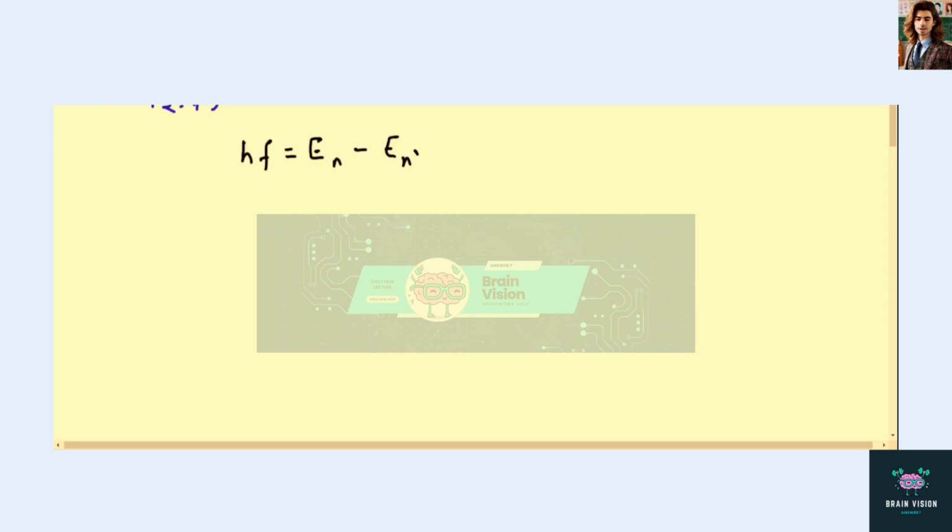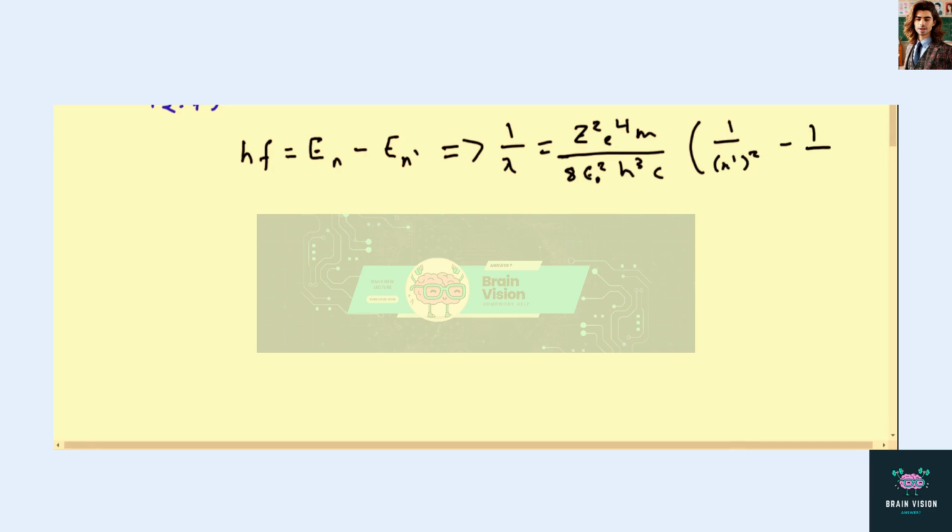So if we divide both sides of these equations by the Planck's constant and the speed of light, we should be able to get to 1 over lambda equals z squared, all of our constants again, e to the 4th times m over 8 times epsilon naught squared over, now it's h to the 3rd, and c. And again, this is times 1 over n prime squared minus 1 over n squared.